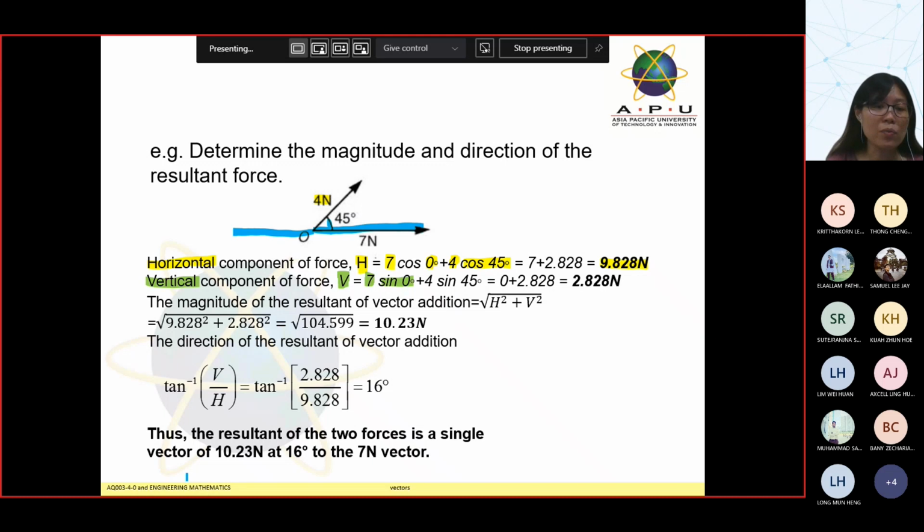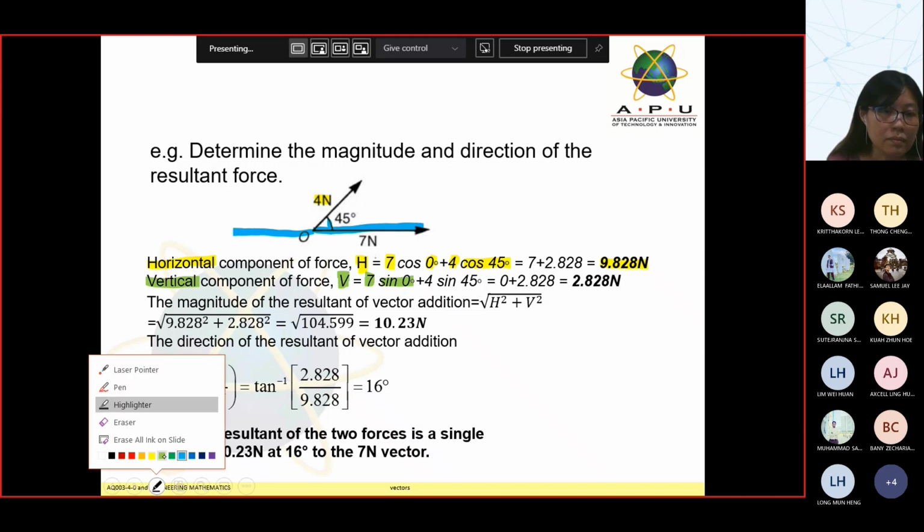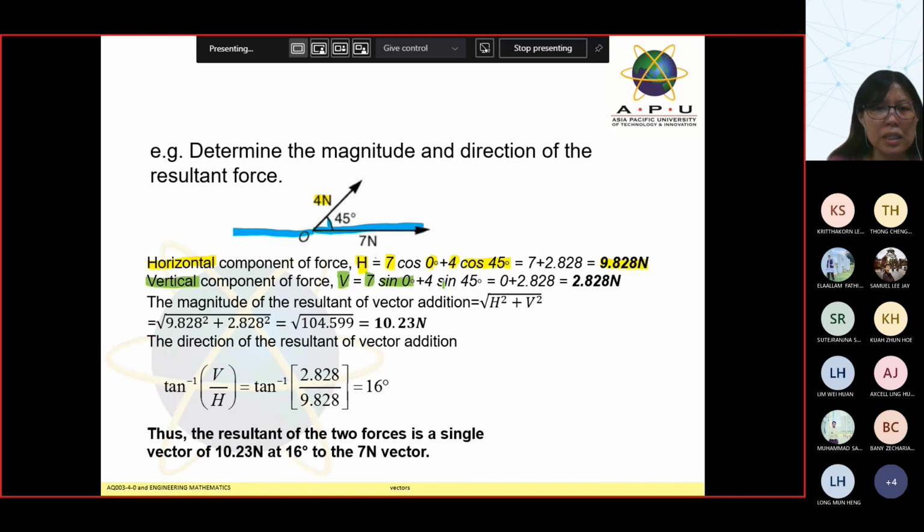So next one, for the 4 Newton will be 4 sine 45. It's just changing the cos to sine. Then you calculate, 4 sine 45 is 2.828. So you get the vertical component of the force is 2.828.